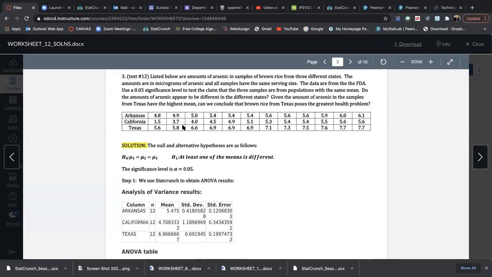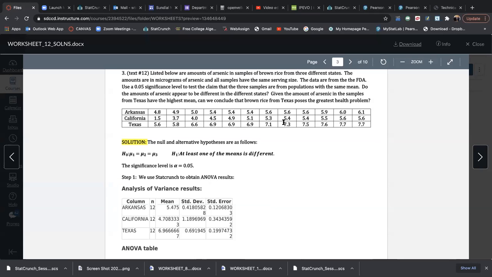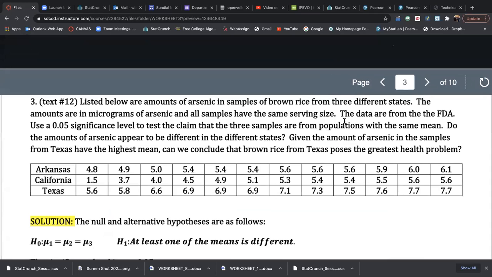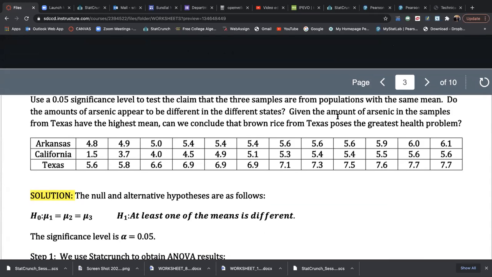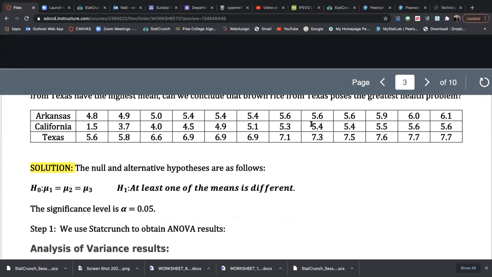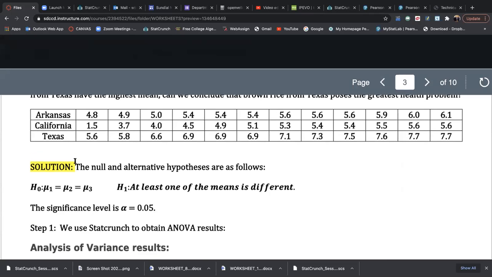And how many serving sizes do we have? How many samples in each serving size? 1, 2, 3, 4, 5, 6, 7, 8, 9, 10, 11, 12. Okay, so here are the 12 servings from the 3 different states, Arkansas, California, and Texas. All right, so that's our data.